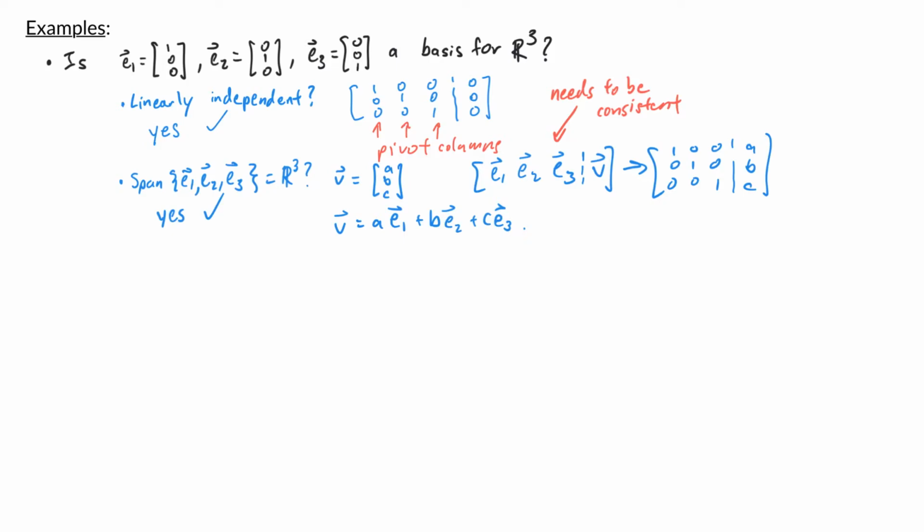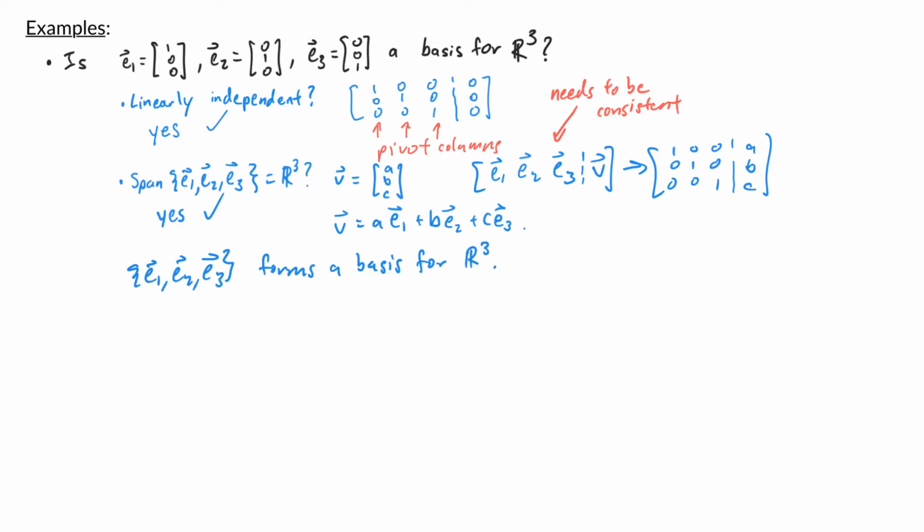So since I'm spanning a three-dimensional vector space within R3, the span is going to fill up the entire space. So since the set e1, e2, and e3 satisfy the two conditions, they're linearly independent and they span our vector space, we say that it forms a basis for R3.